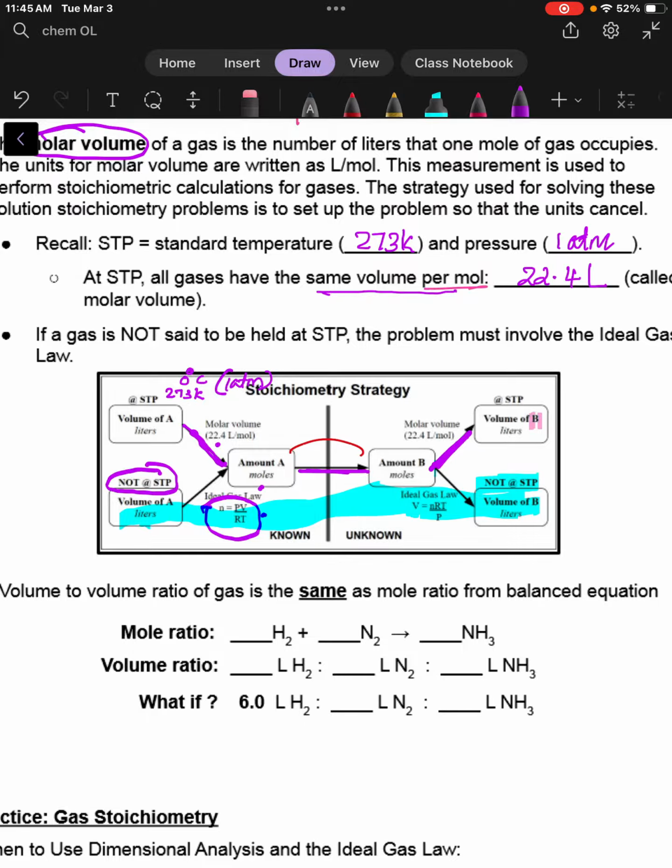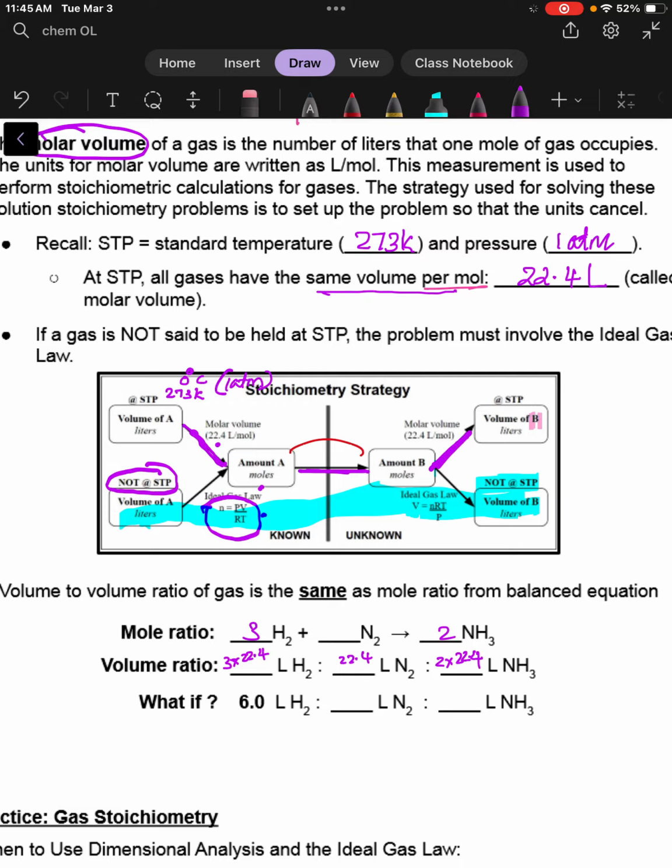So, mole ratio, again a review. This is ammonia, balance this: it is 1, 3, 2, so 1 mole, 3 moles, 2 moles. For the volume ratio, 3 moles will be 3 times 22.4 liters, then 22.4 liters, and 22.4 liters times 2.